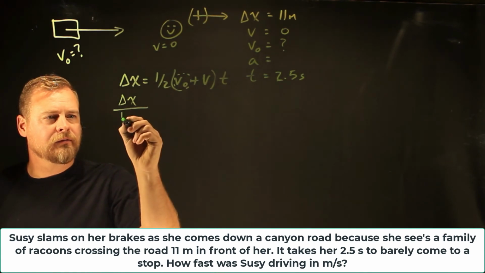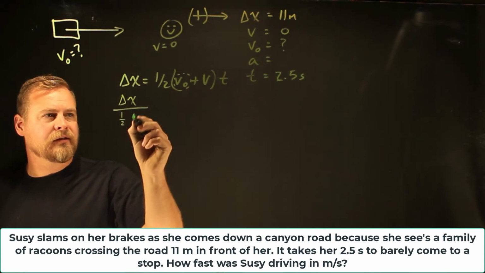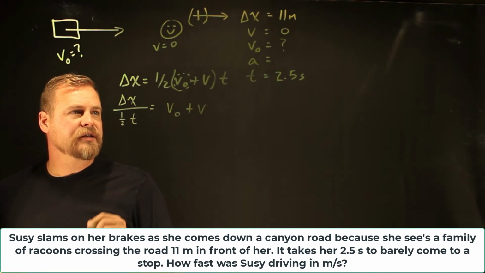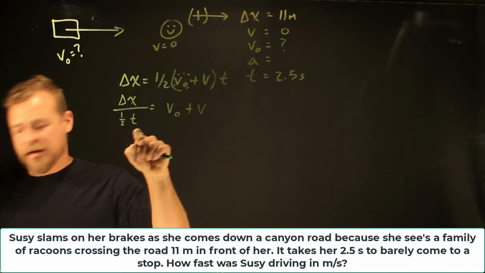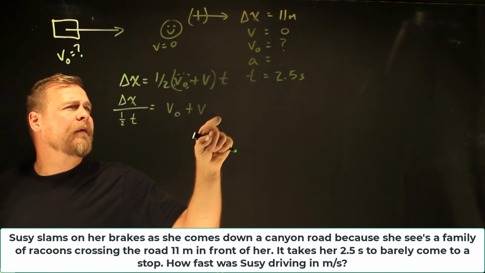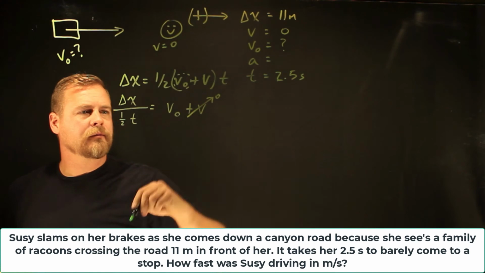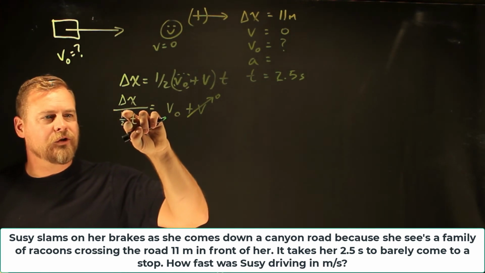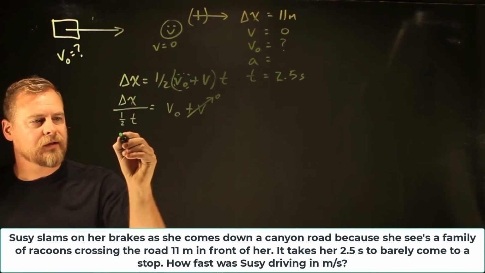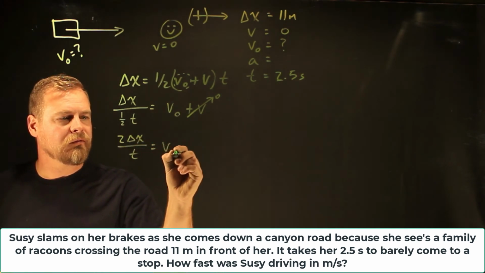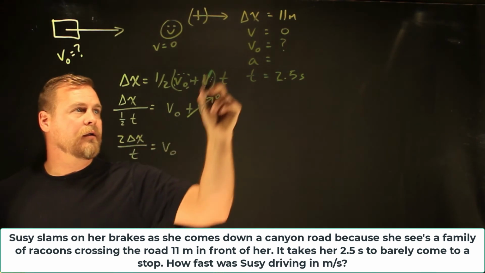So if I divide by half and divide that t over, that's going to be equal to v naught plus v, right? And then oh, I got to get rid of that 0 term, so that goes away, right? So I'm left with a 2 on top, so 2 delta x over t equals v naught. And I think we're good.